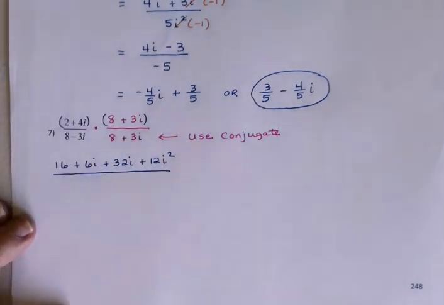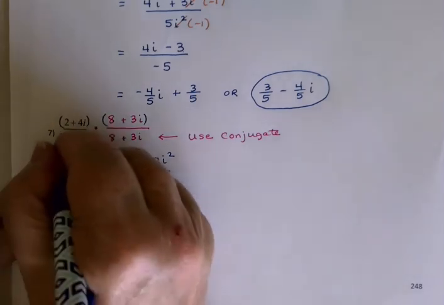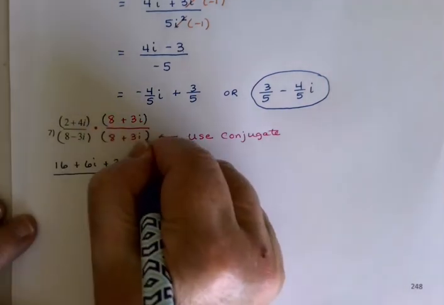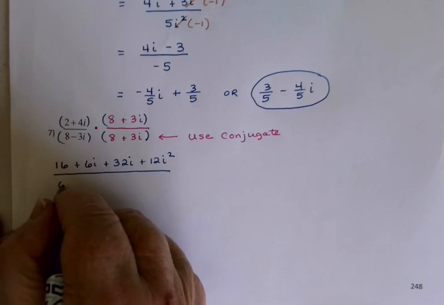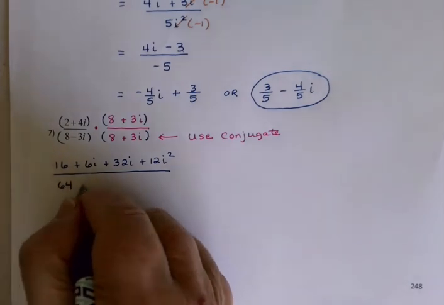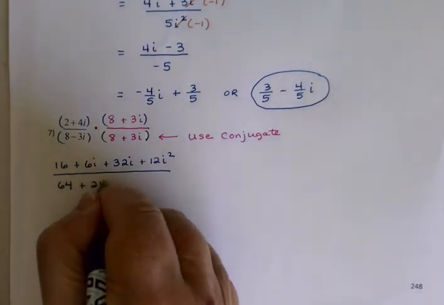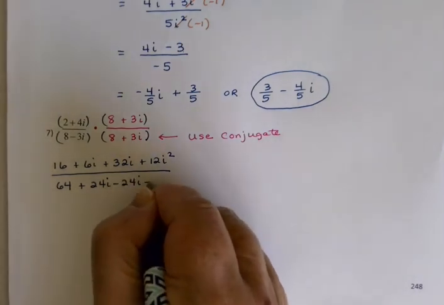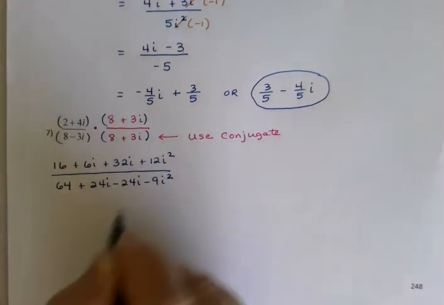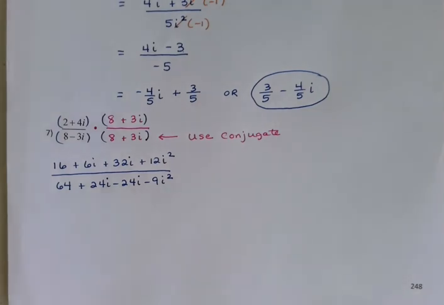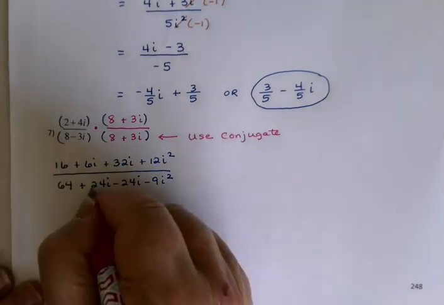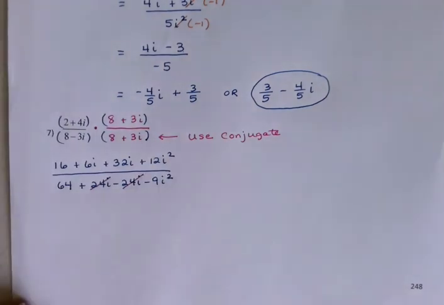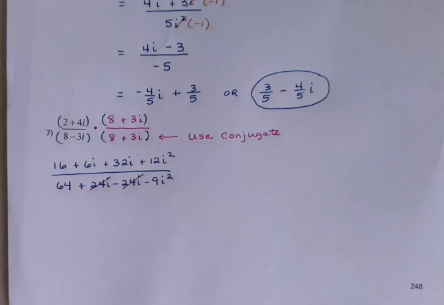And on the bottom, again, I'm going to multiply and get 64 plus 24i minus 24i minus 9i squared. Denominator, we're not real surprised. This is what should happen, right? The middle terms add up to 0. That's what happens when you multiply by a conjugate.